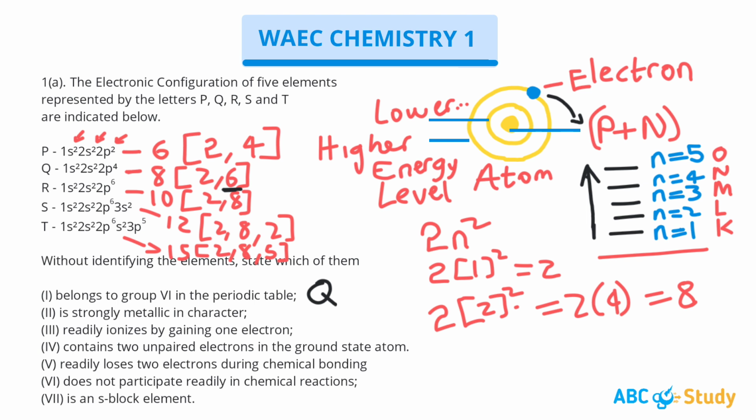Generally, group 1 elements are alkali metals, and group 2 elements are alkaline earth metals. They are very, very metallic. Group 1 has a higher metallic property than group 2, and it decreases like that.